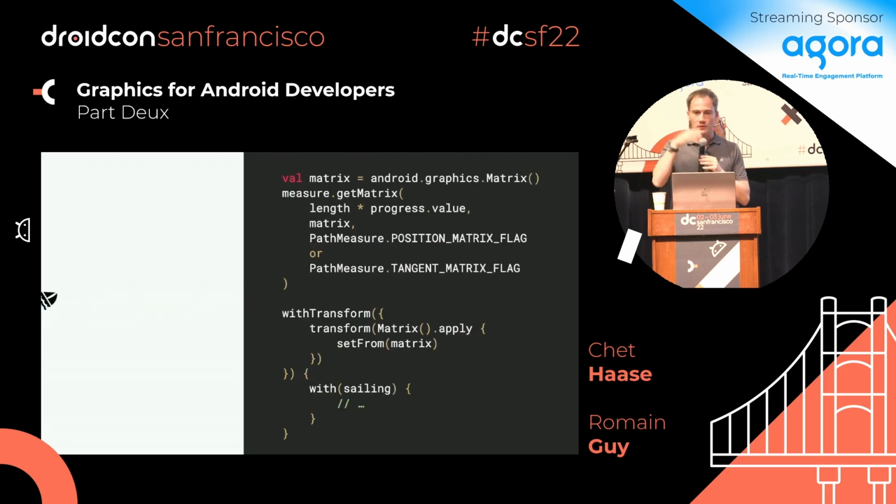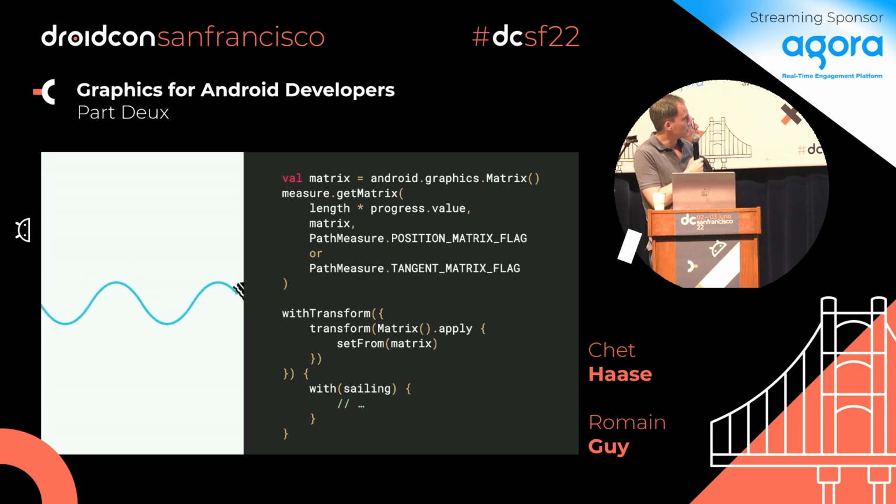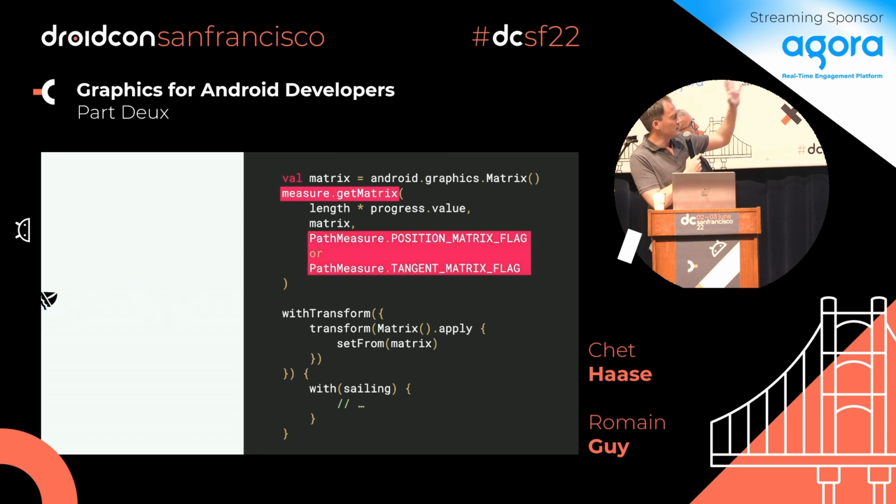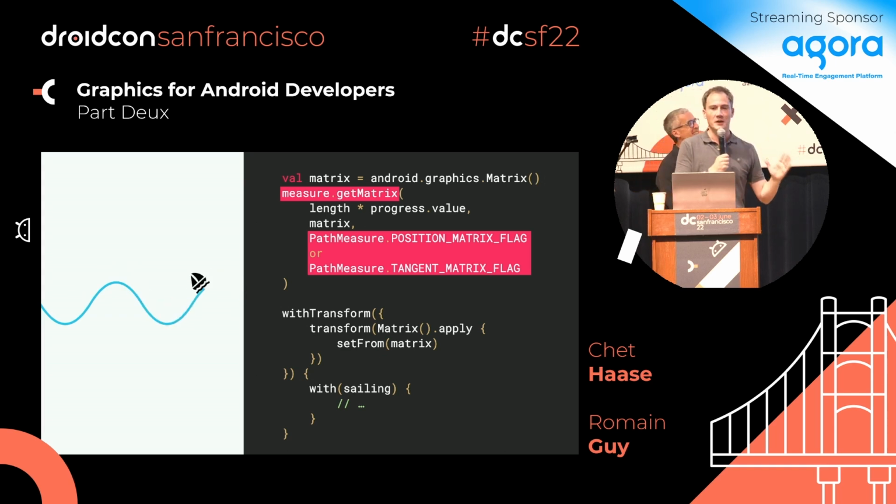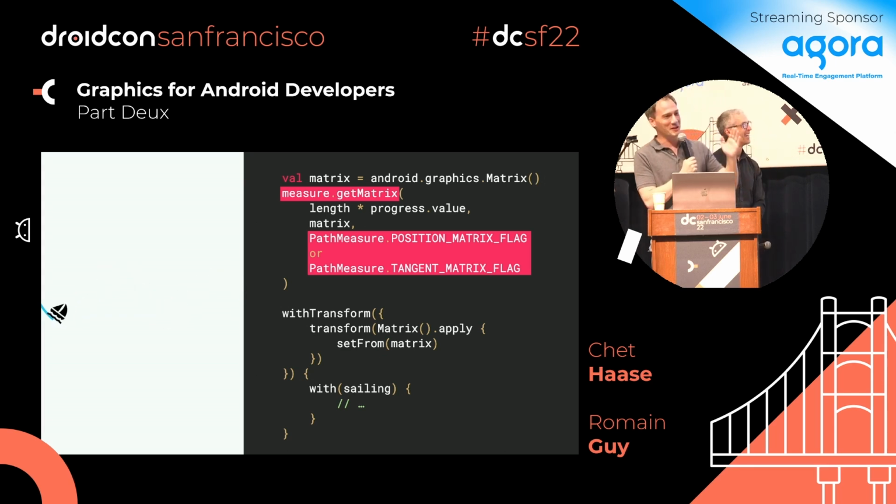I mentioned before you can get the tangent, but it's a little cumbersome to use. So instead you can use this getMatrix function that will let you achieve what you see on screen. If you call getMatrix, once again, you give a position between 0 and length, you give it a destination matrix, and you have to pass flags. The OR here is the binary OR, so Kotlin does this thing that really annoys me, where it's not the traditional binary operators.